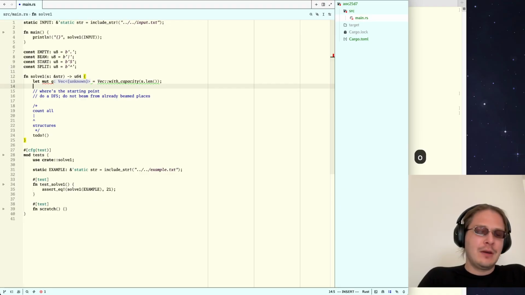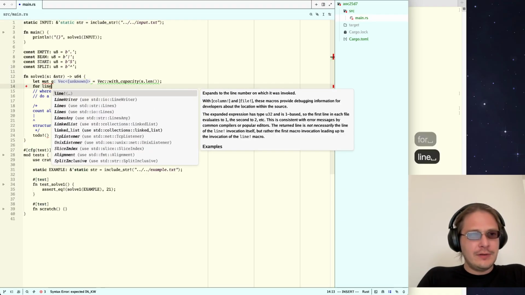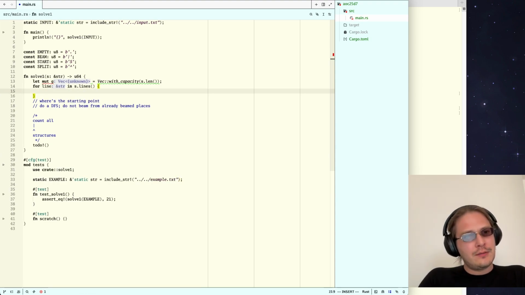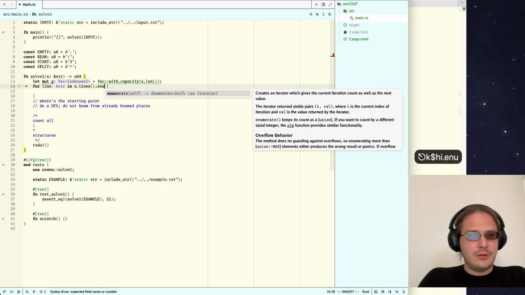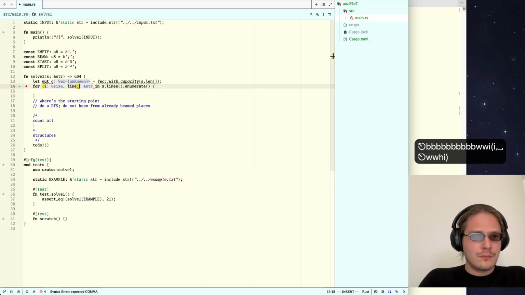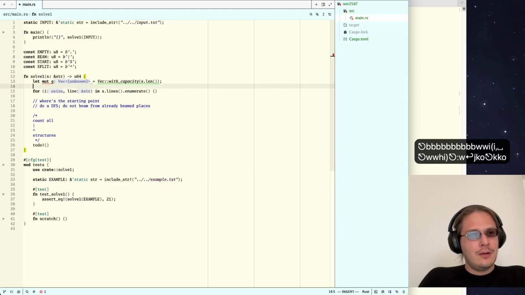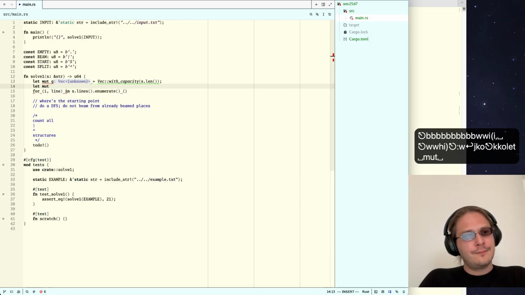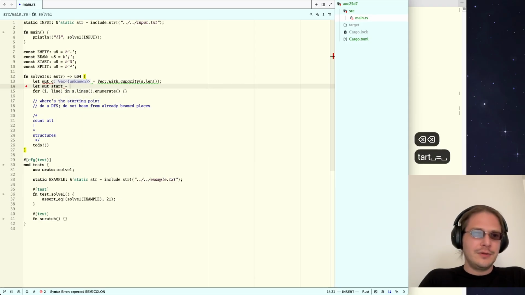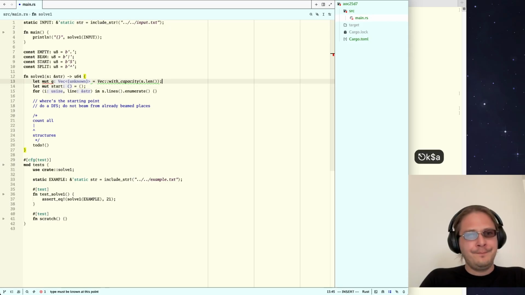Okay, now let's go through the lines as lines, and let's enumerate them. Okay, start will not be used much, so it's okay to write it down completely. Let's write some explanations with a grid.